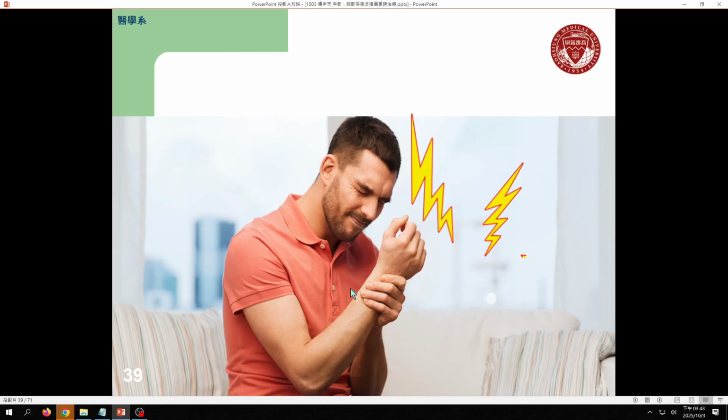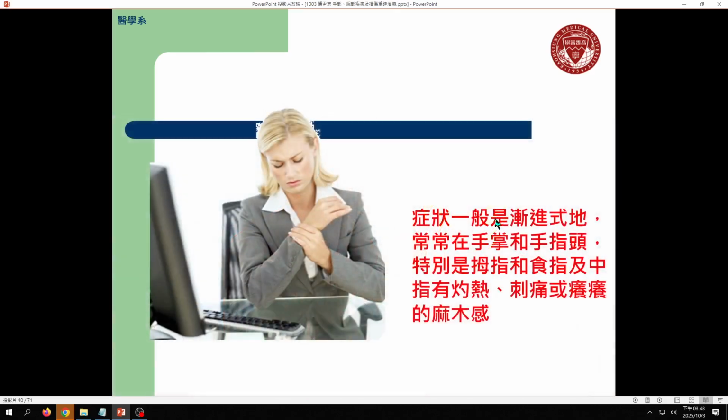Alright, then not pain but numbness. Around the wrist and hand, severe numbness. What kind of nerve is injured or compressed? Commonly in the hand, palm and fingers, especially thumb, index, and middle finger, causing numbness and a tingling sensation.